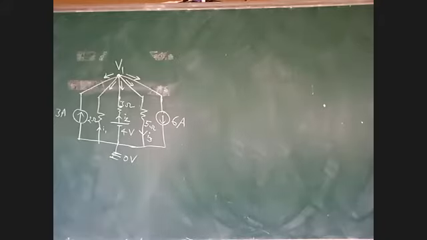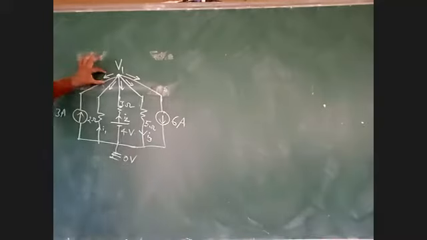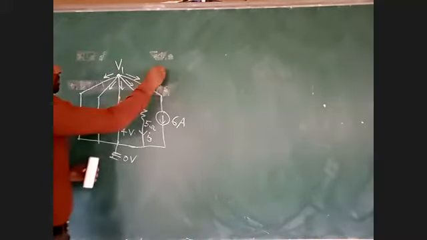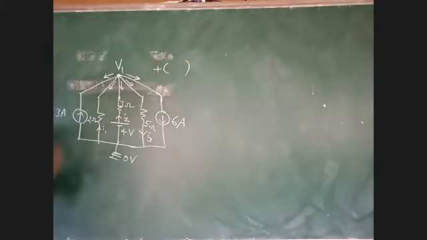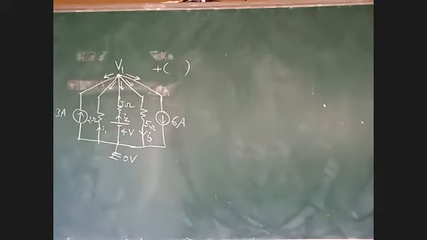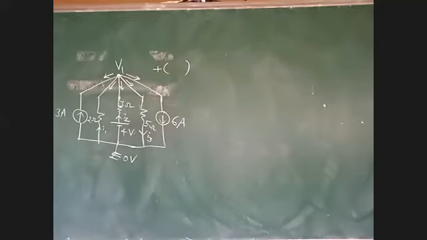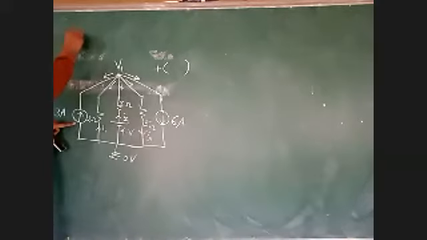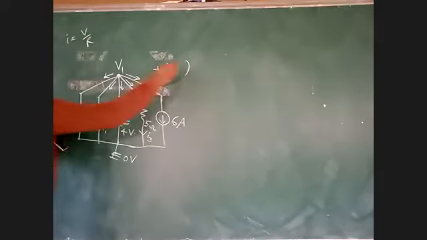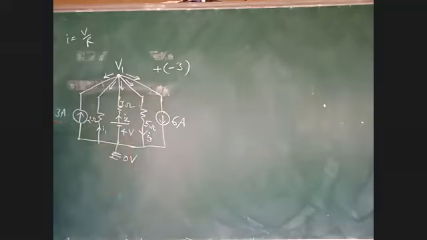Now first I am taking this arrow, the first branch. This arrow is moving outside, and outside means plus. What is the current in this branch? It is not V1 by 3, because that is not a resistance. Directly they are giving current here. If you want current equal to V by R, it would be 3, but here it is minus 3 ampere.